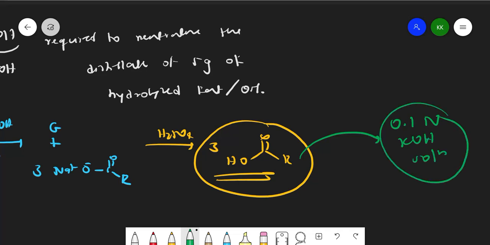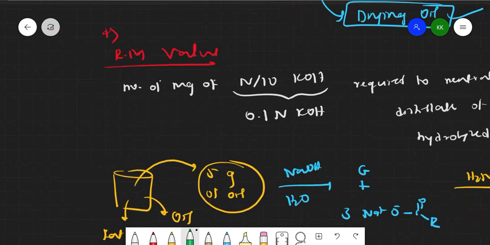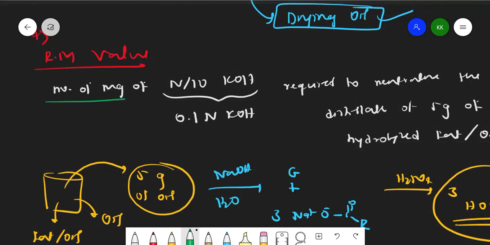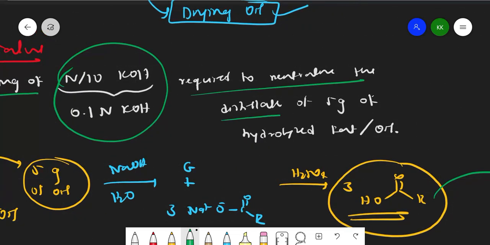That value is nothing but my Rm value. I hope you got it. So what they will tell is the number of milligrams of N by 10 KOH, that is 0.1 KOH, required to neutralize the distillate of 5 gram of hydrolyzed fat.